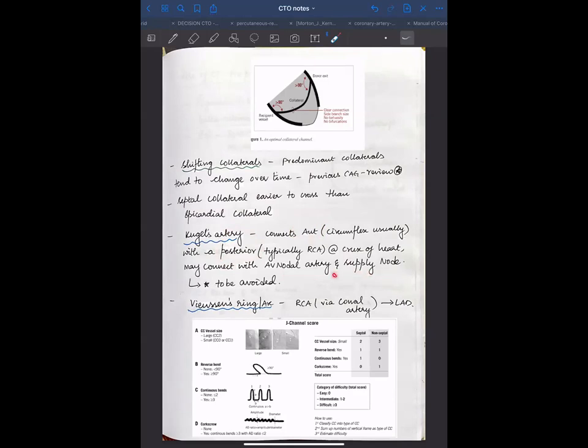That is why this artery should be avoided, even though it is a septal collateral. It is present in almost 70% of hearts. The other named collateral, of no importance to CTO, is the Vesuvius ring, which is an RCA to LAD collateral, usually via the conal artery, just for our knowledge.